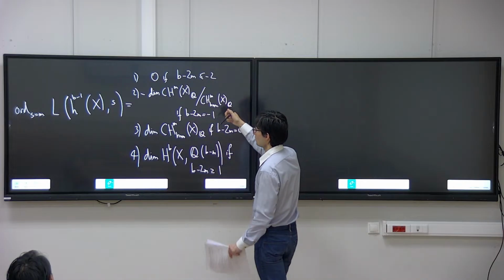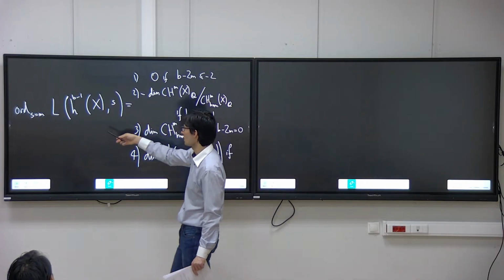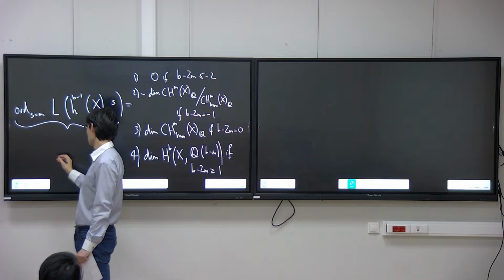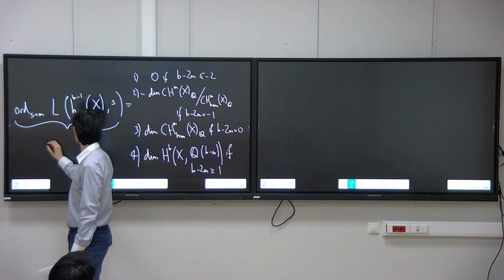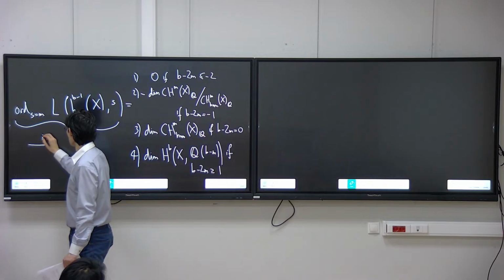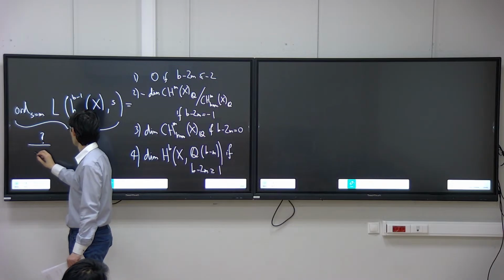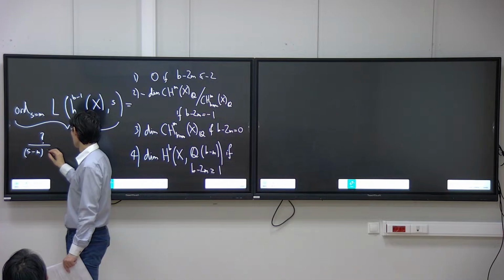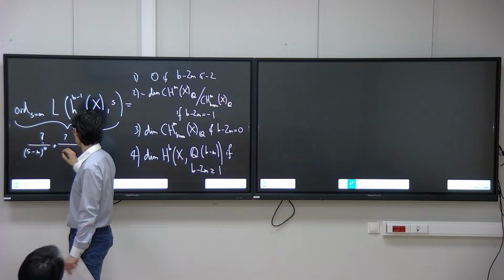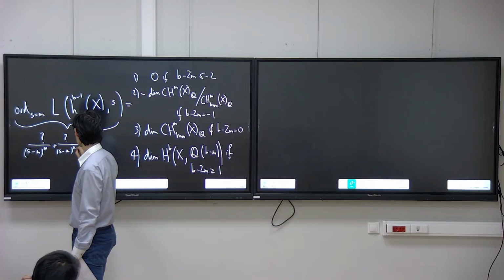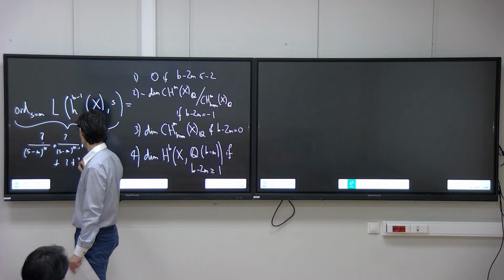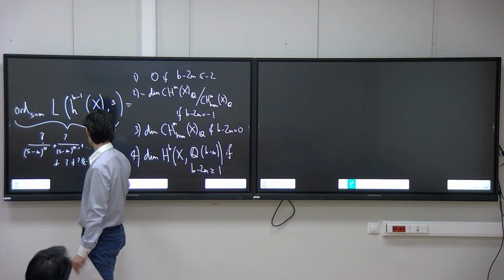I mean, Beilinson's conjecture, he wants to predict the order of the poles. So this number here is equal to, if you start, for example, at some number at (s-m)^n plus some number at (s-m)^(n-1) plus so on, plus some number plus some number (s-m) and so on.